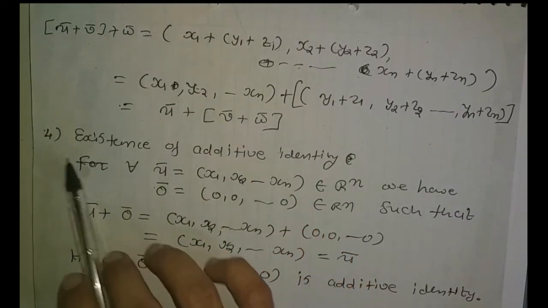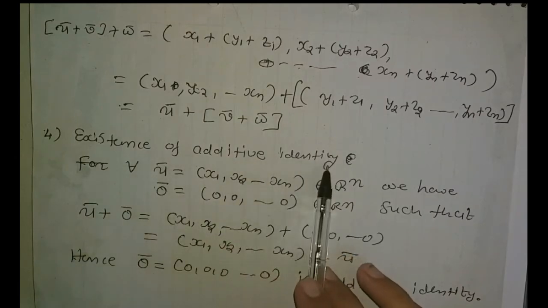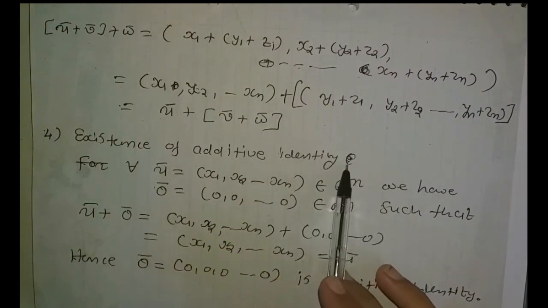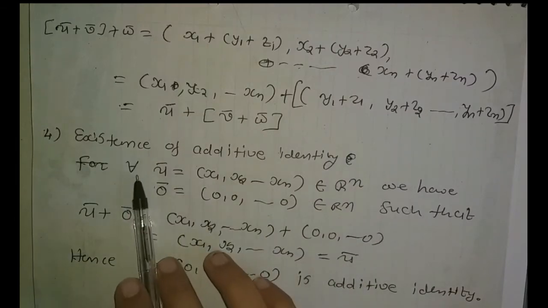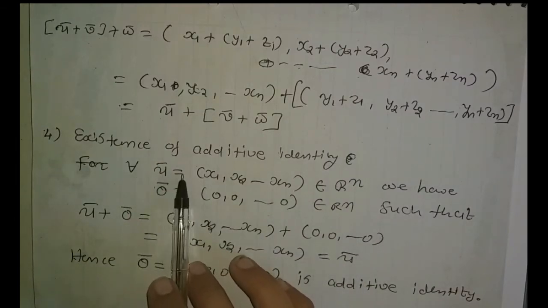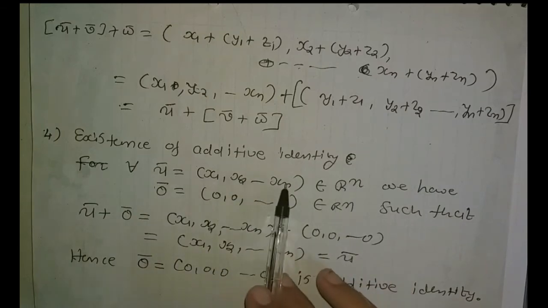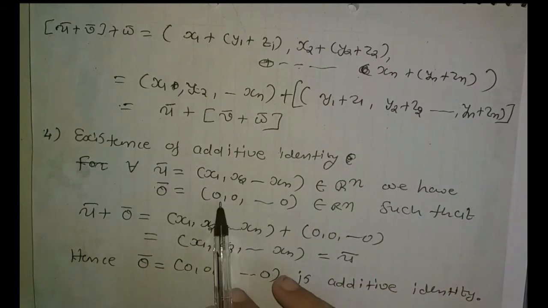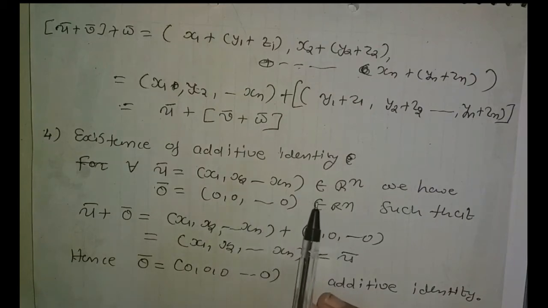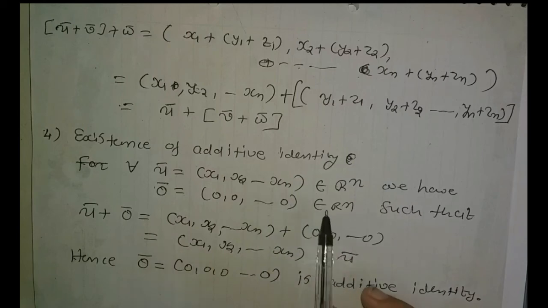Now fourth is the existence of additive identity, or identity element, or zero element. So for all vectors u bar in Rn, x1, x2, xn, we have the vector 0 bar equal to 0, 0, 0. All the coordinates of vector 0 bar are 0. It also belongs to Rn.